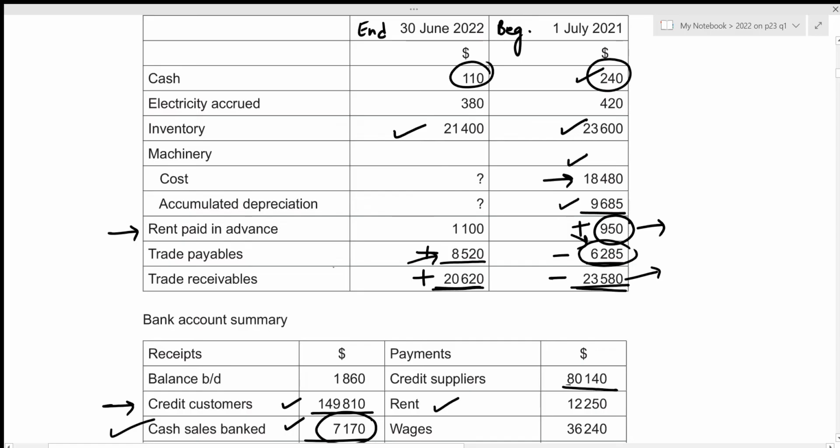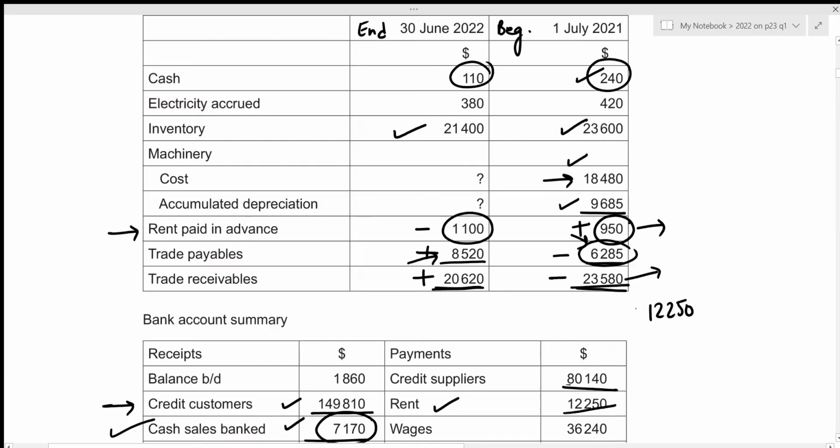Now let's talk about the rent paid in advance at the date of 30 June 2022. We paid this amount of 1100 this year, but this is actually to be used for the future year ending 30 June 2023, which should not be included as an expense of this year. So we need to be subtracting this amount of 1100. So the actual rent to be included is going to be 12,250, which is the amount that we paid out.